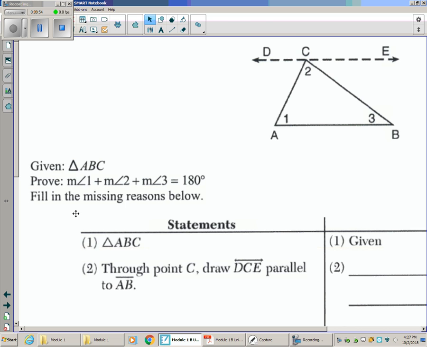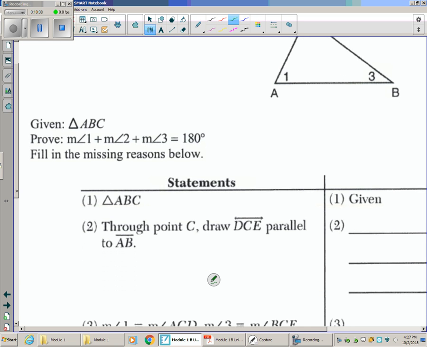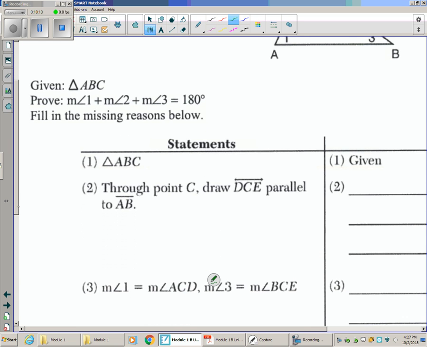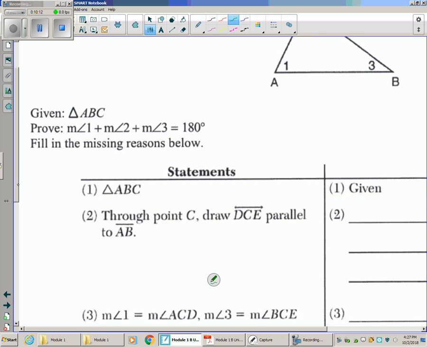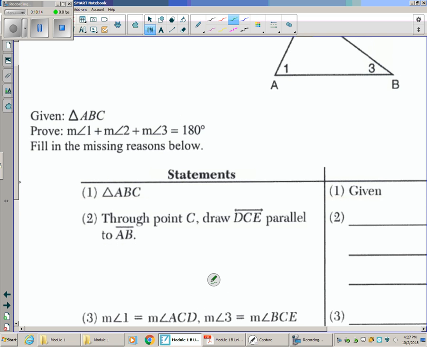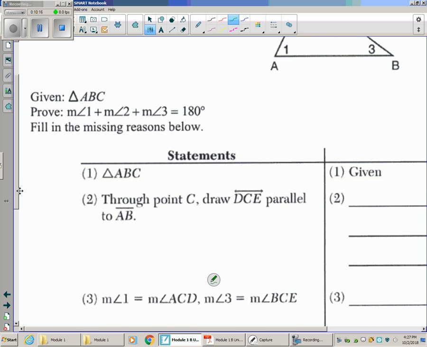So they draw a line through C that's parallel to AB. And so it's saying through point C, draw DCE parallel to AB. And the reason is auxiliary line.